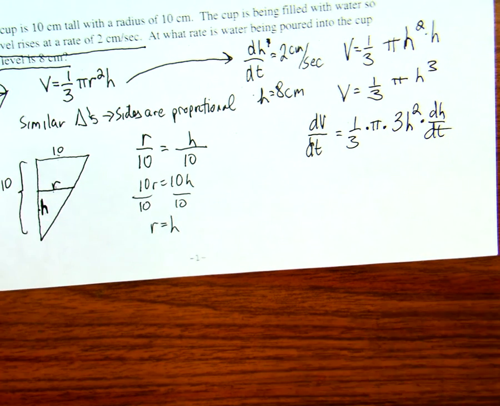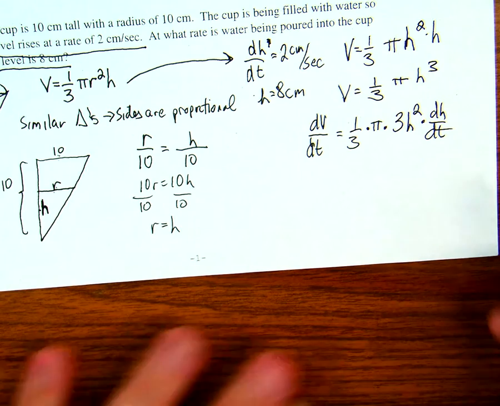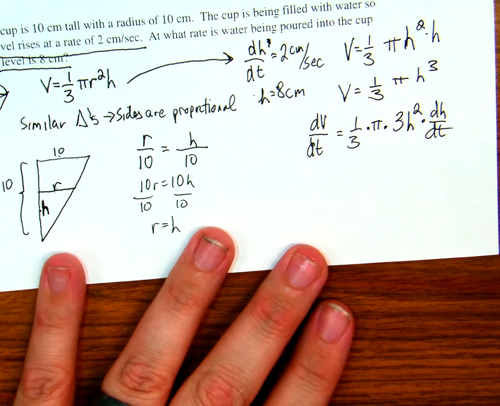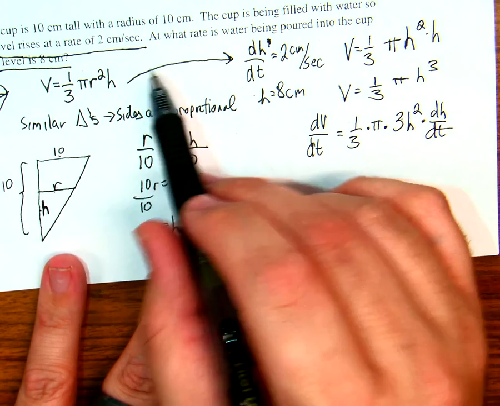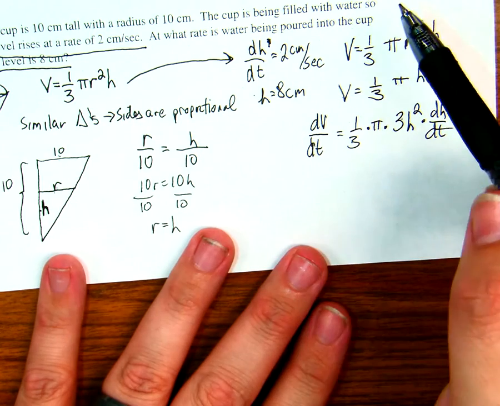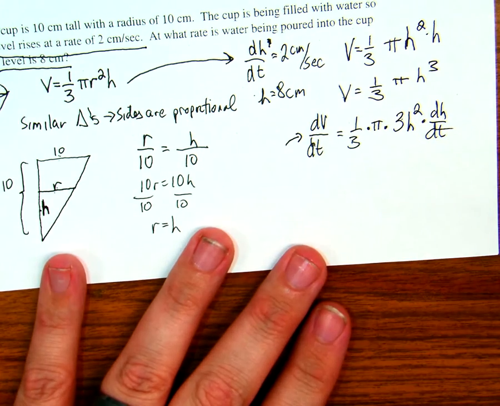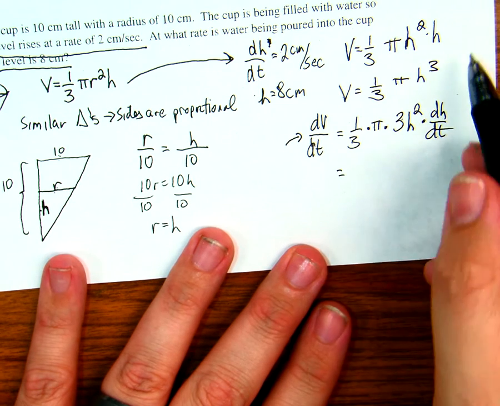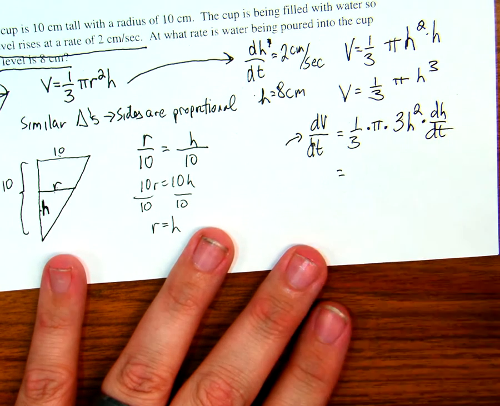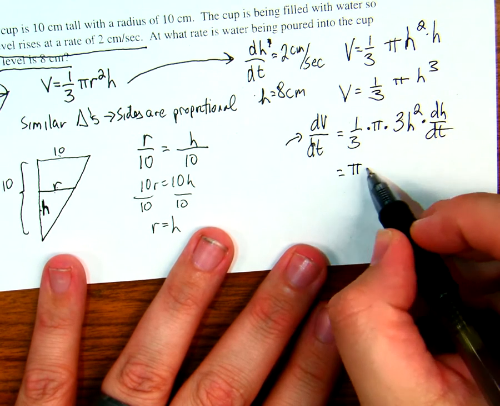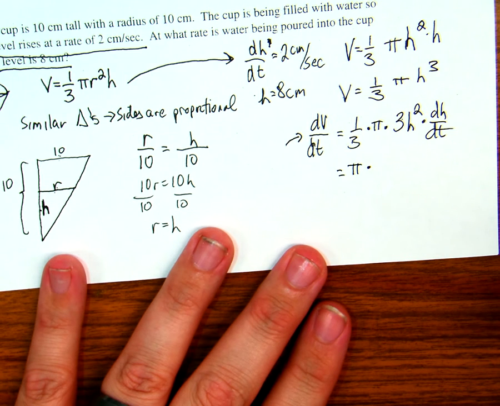So the 3's multiply out, and we want what rate is the water being poured in. So this is actually what we want. We want dV/dt. So the 3's divide out. I'm left with pi times, what's my H squared? What's H? H is 8.